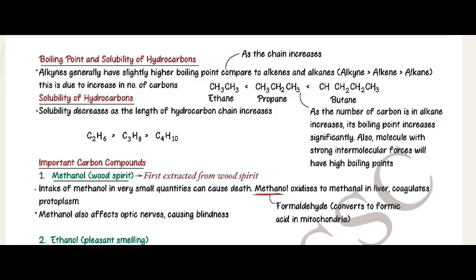This is due to the increase in the number of chains. Ethane is less than propane, which is less than butane. As the number of carbons in an alkane increases, its boiling point increases significantly. Also, molecules with strong intermolecular forces will have high boiling points.